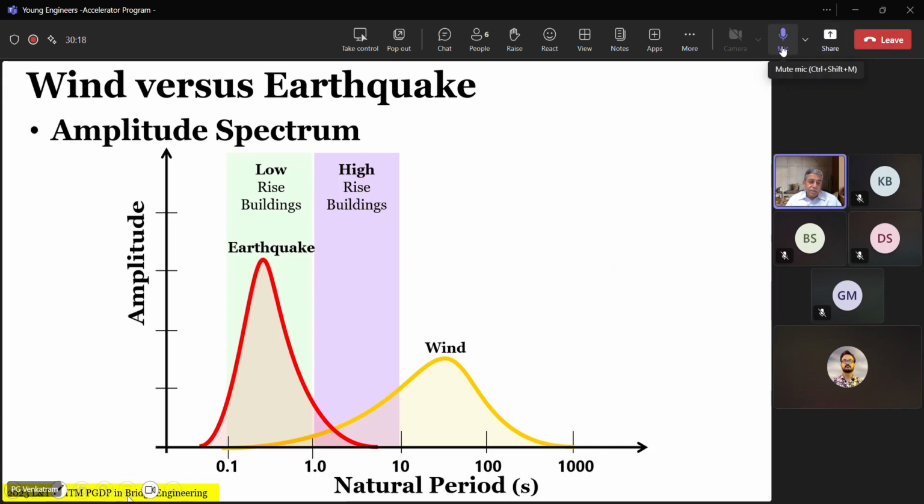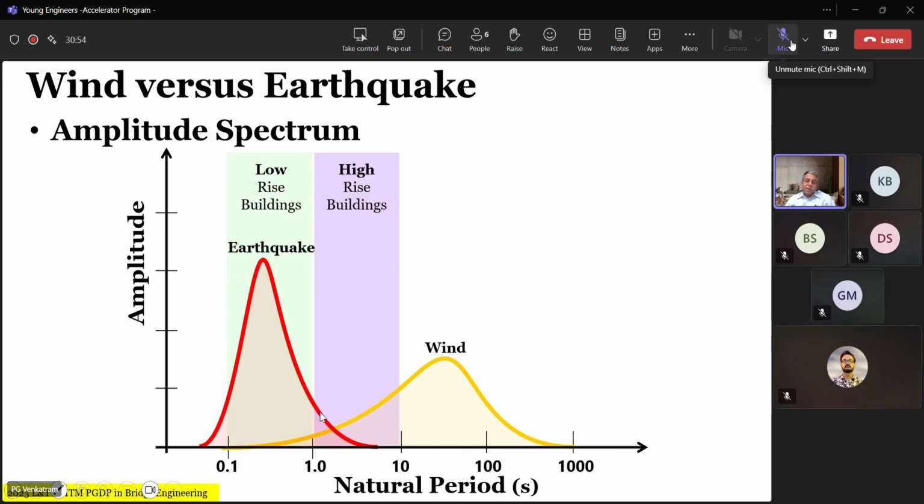Do you recall this? See, if you take a look at this diagram, we are talking about the amplitude of the forces and the other axis, the natural period. The other one is the natural period for wind and earthquake.